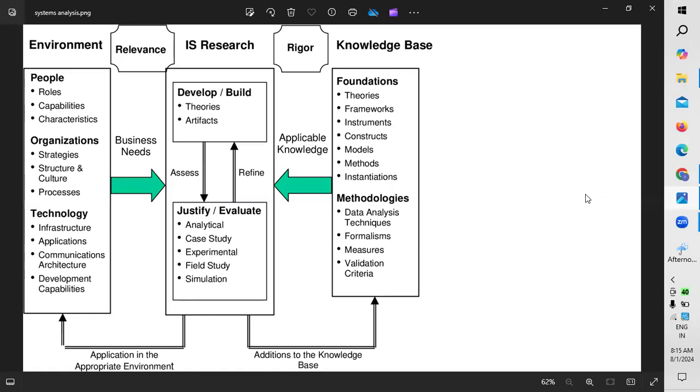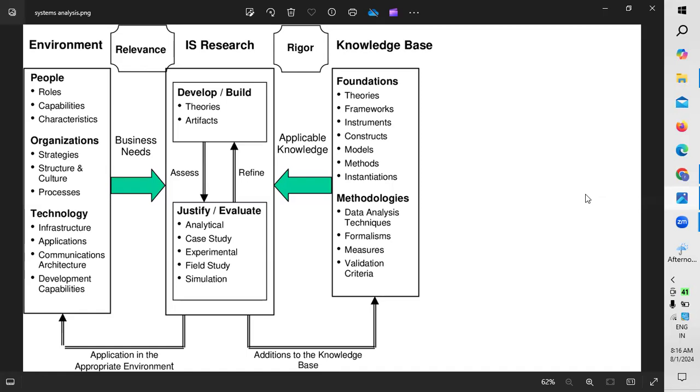So when we talk about the environment, it majorly deals with the different people, right? Because at the end of the day, whatever solution we provide, once the analysis of the system is done and the solution is given, it is being used by people.